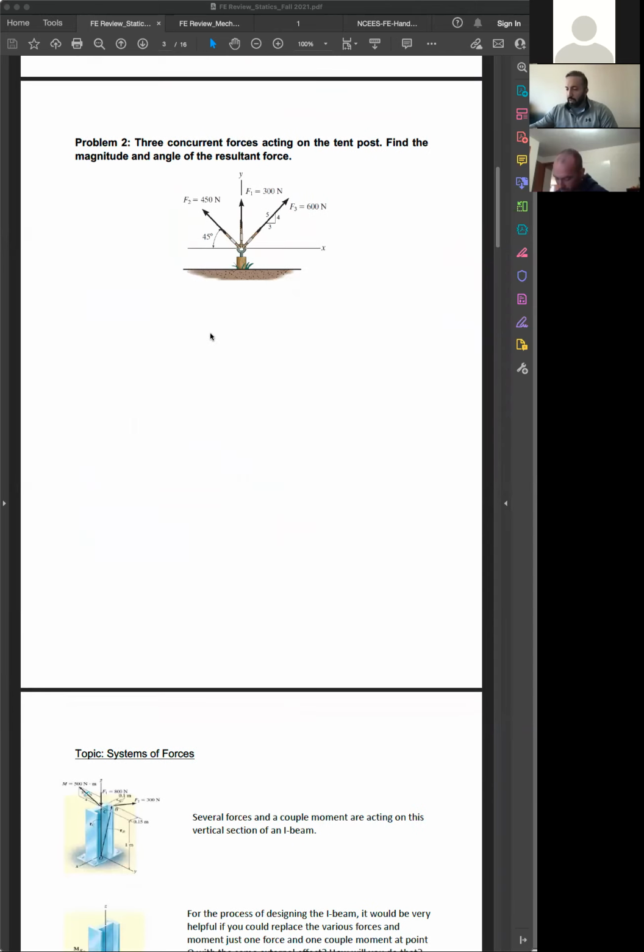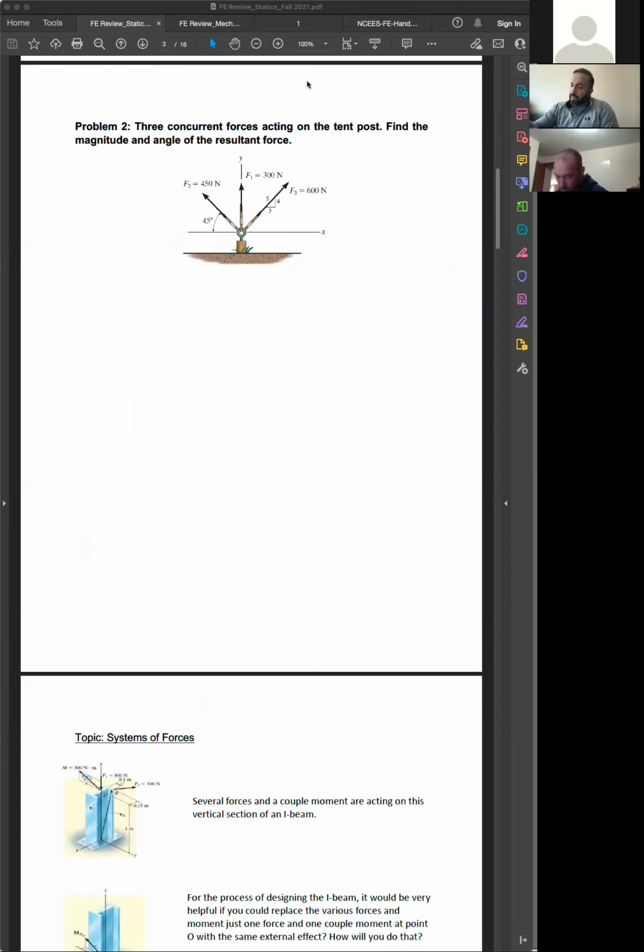All right, so let's look at this problem. It says 3 concurrent forces acting on the 10th post. All right, there's a 10th post, 3 forces apply. Find the magnitude and angle of the resultant force.